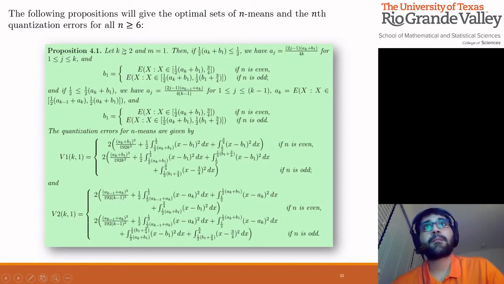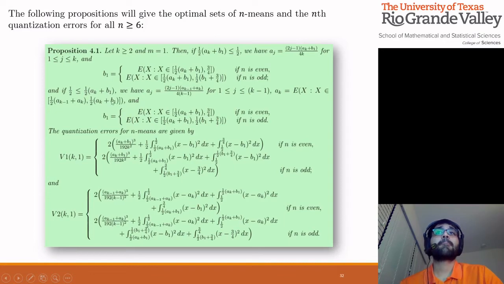Proposition 4.1, it's going to work for when we have two or more quantizers in the interval 0 to 0.5, and only one quantizer in the interval 0.5 to 3/4. We are just giving here the expressions on how to find every quantizer, how to find B1, depending again on where the boundary of the Born region lies.